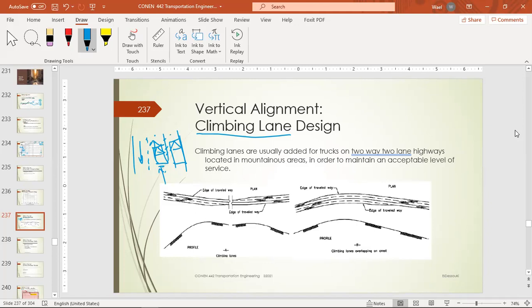For example, here, if you have a condition like this one, with a vertical curve like this, we will have a climbing lane for the direction coming from here. It's going to end right here, and there's a climbing lane on the other side for that direction, as you can see here. Any questions so far?